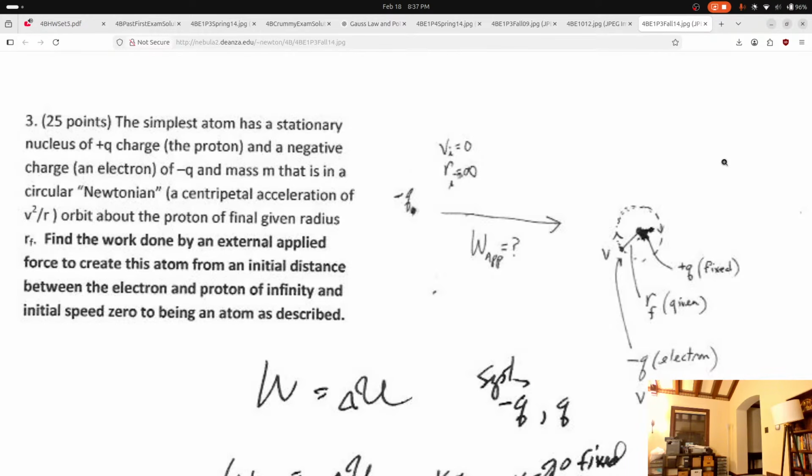Just find the energy of the system. That has to be the amount of work. Okay, so this is going to be 1/2 mv. Acceleration.